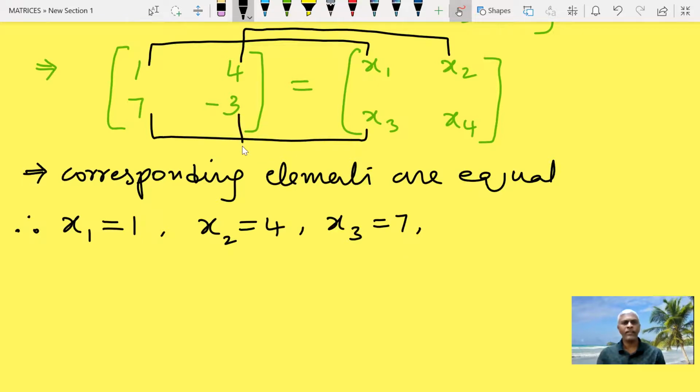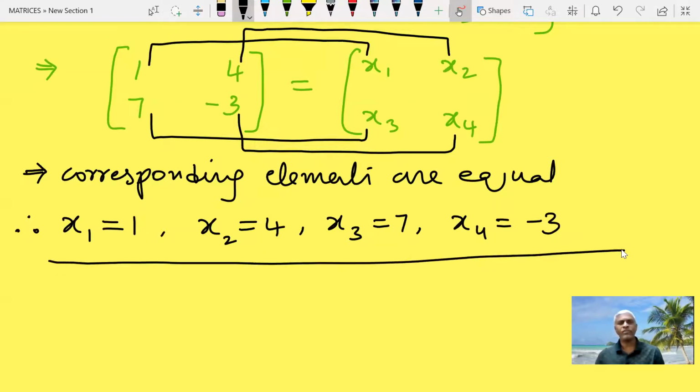And minus 3 corresponds to x4, or x4 is equal to minus 3. So these are the values of x1, x2, x3, x4.